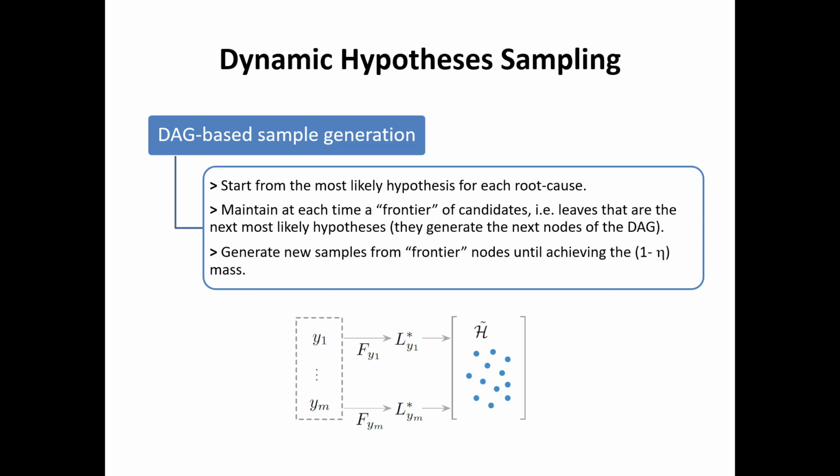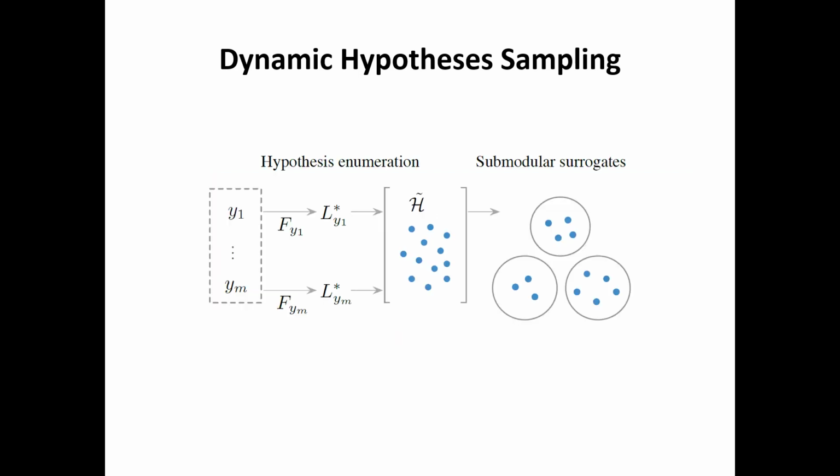Assume that we have m different decision regions shown by y1 to ym, and for each decision region we consider a frontier. The task of this frontier is to generate the next most likely hypothesis for the specific decision region. We do this for all decision regions, and then we obtain H tilde, which represents a limited hypothesis space.